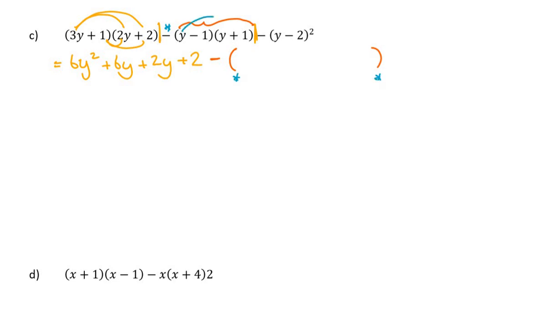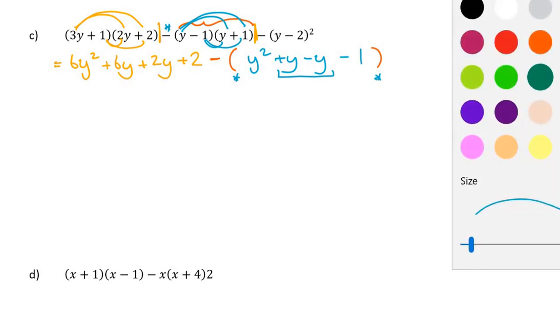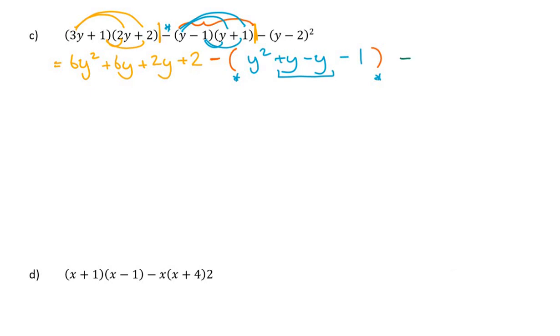So y times y, y squared, y times 1 plus y, oh, minus y, this is this pattern again, minus 1. So these middle terms are actually going to cancel, and I'm not going to have to worry about them. Now this last term is minus, and unfortunately it's a bracket squared, so I have to write it out twice before I can do it.